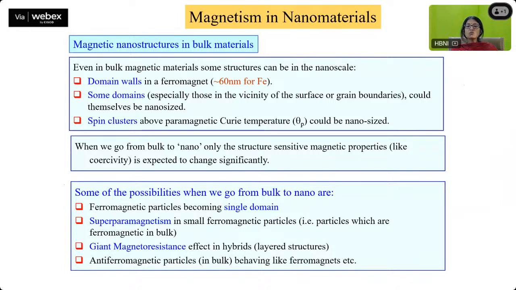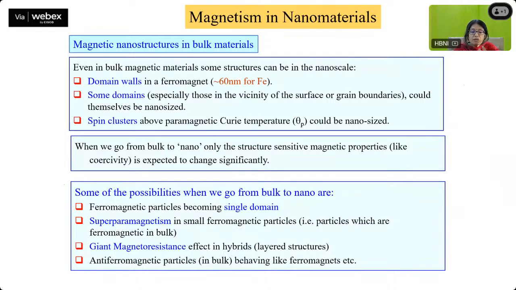So now let's look into magnetism and nanomaterials. That is another very interesting field. When we look into magnetic nanostructures in bulk materials, even in bulk magnetic materials some structures can be nanoscale, like the domain walls, as I said, in the ferromagnet. Some domains, especially those in the vicinity of surfaces or grain boundaries, can themselves be nanosized.